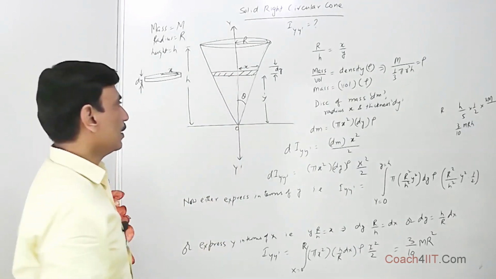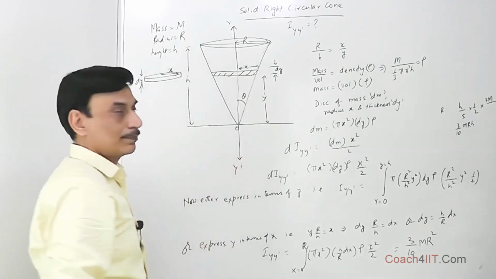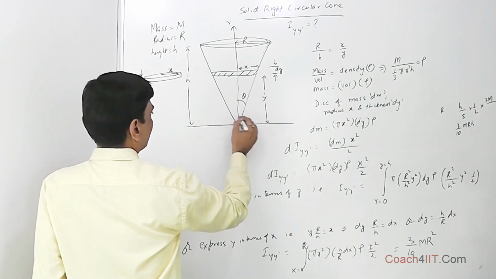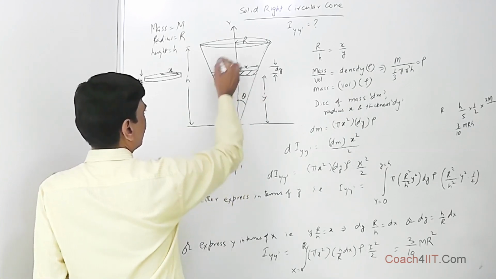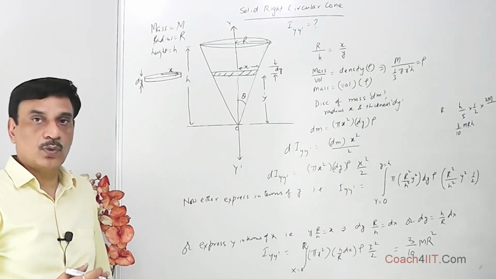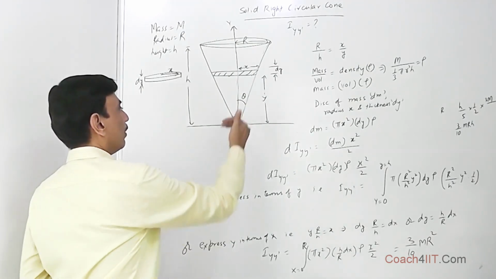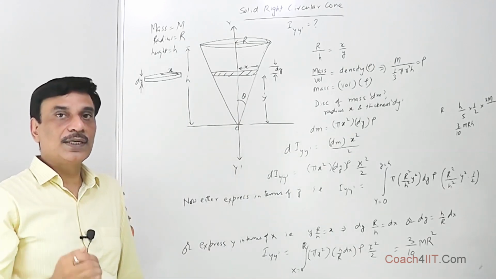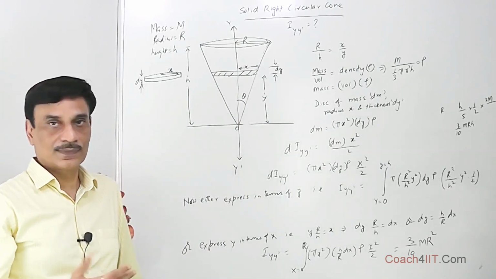Then we will integrate, because this disk plus disk plus disk and so on make a right circular cone. A right circular cone is nothing but a compilation of disks one over the other of gradually increasing radii.